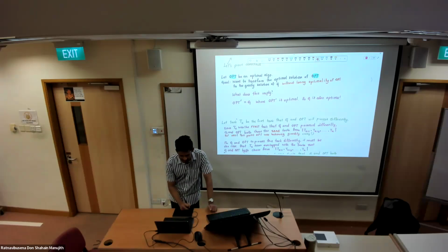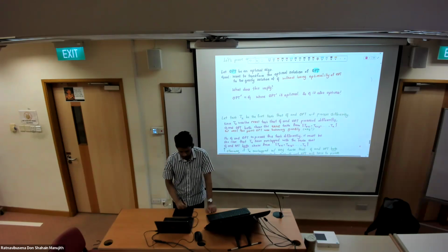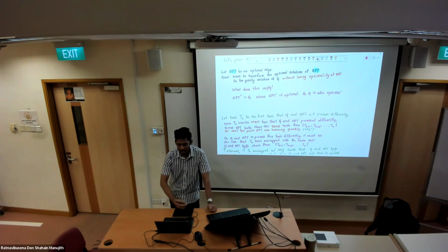Because Tk is the first task that G and OPT process differently, and we are going back in time, from Tn down to T1, the tasks in the subset Tk plus 1, Tk plus 2 until Tn must be processed the same. That means G and OPT chose the same tasks from that subset. So until this point, OPT was behaving greedily, because OPT did the same thing as G, and G was greedy.